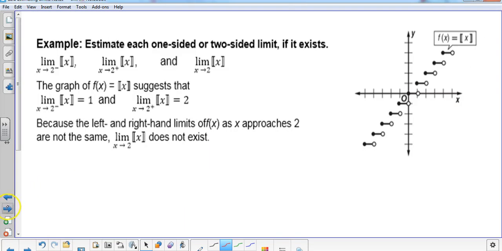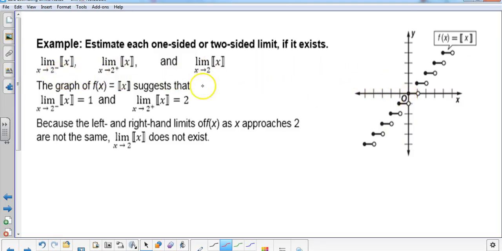All right, we're going to skip to this question that's on your notes. The limit as x approaches 2 from the left of this, do you remember this step function thing? Okay, it's also called the round down function or the largest integer function.